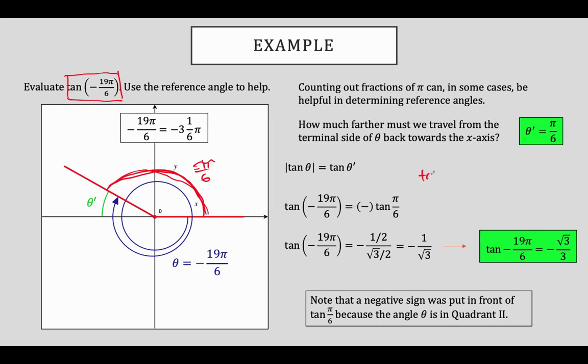We could say that the tangent of negative 19 pi over 6 is equal to the tangent of 5 pi over 6 and go from there. All right, just using our unit circle. The purpose of reference angles, they allow us to only have to use the first quadrant of our unit circle.